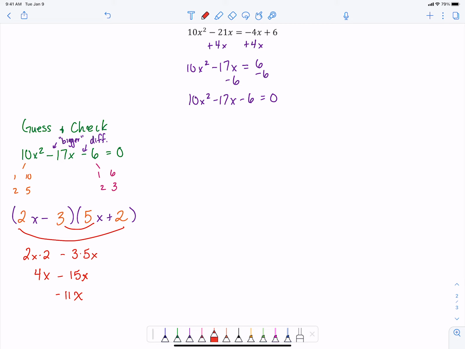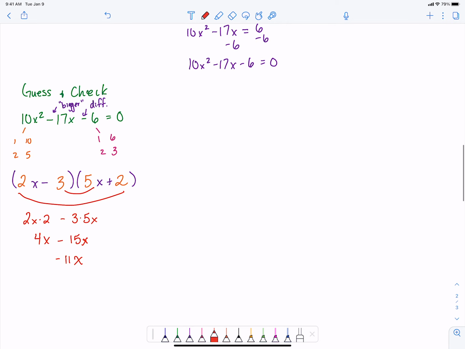So we got negative 11x. So that's not quite big enough. And sometimes as you get a little better at these, you'll start to see, okay, if I flip flop where I have, sorry again for the second ding there, if I flip flop these and put the 5 there, oops, that's not where we would flip flop.